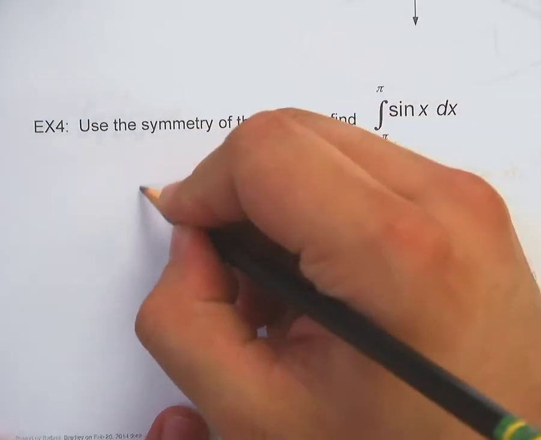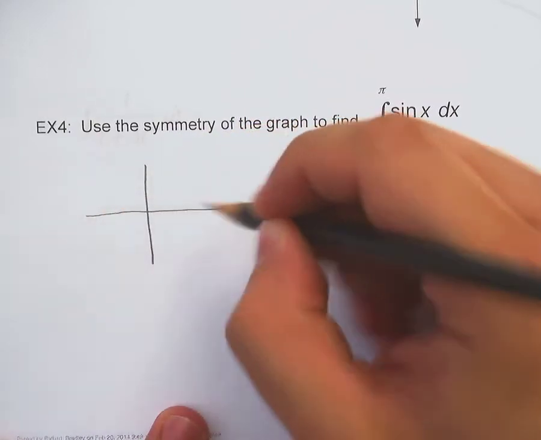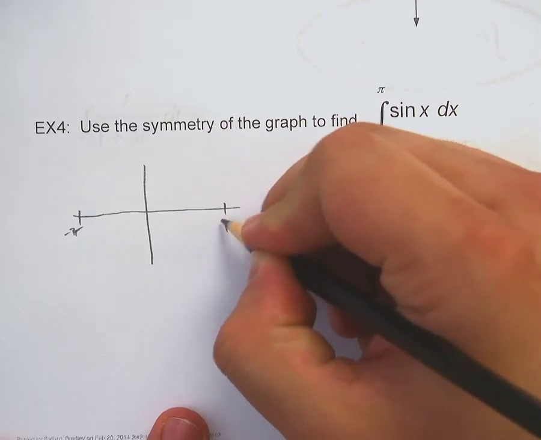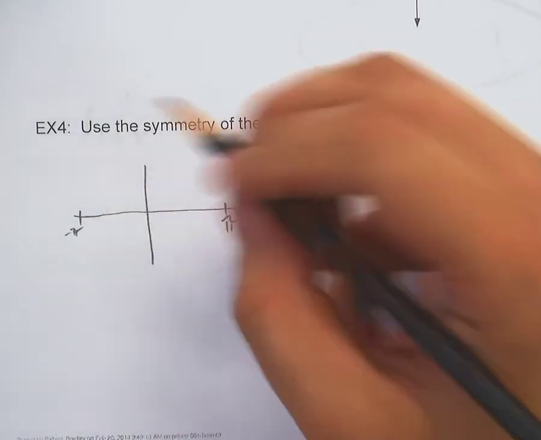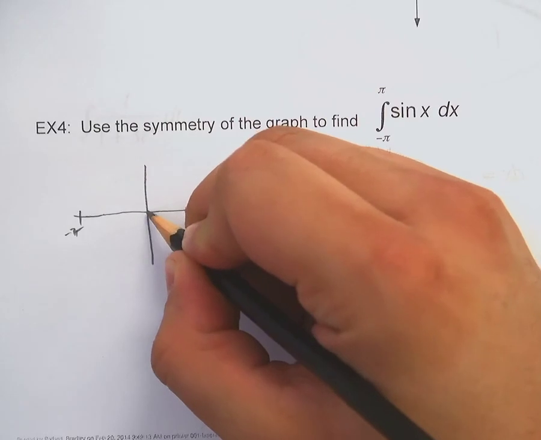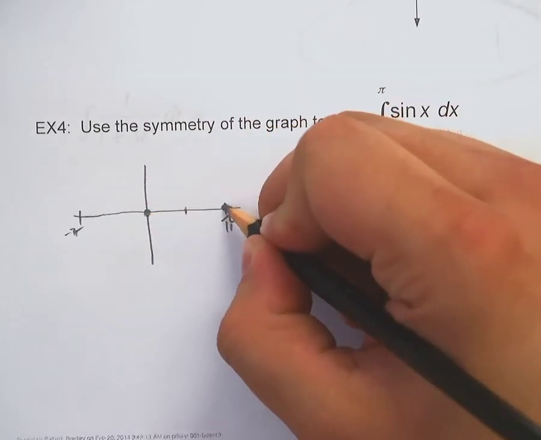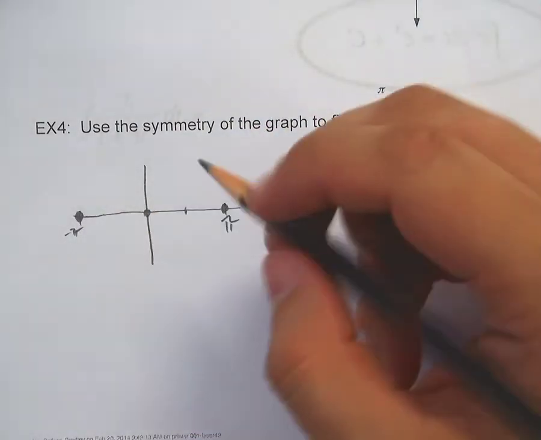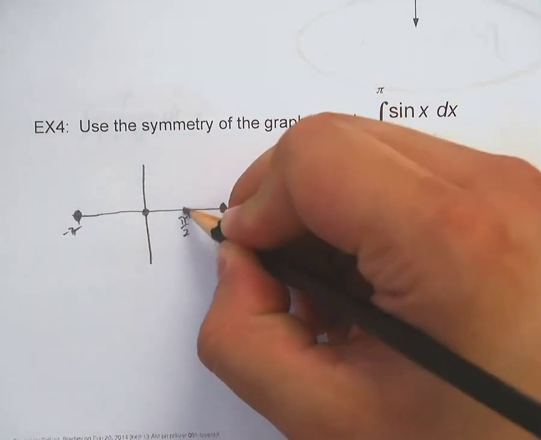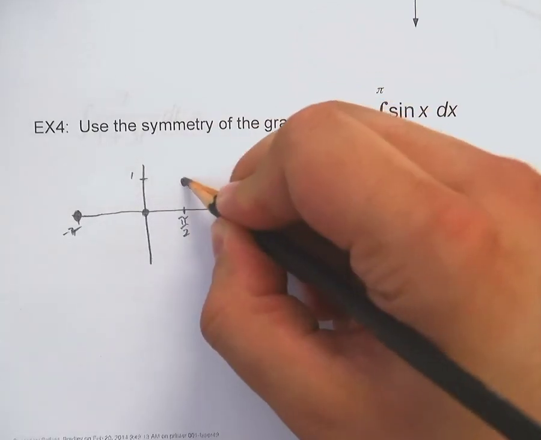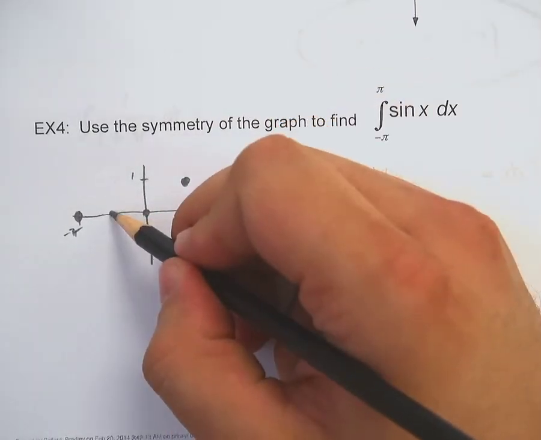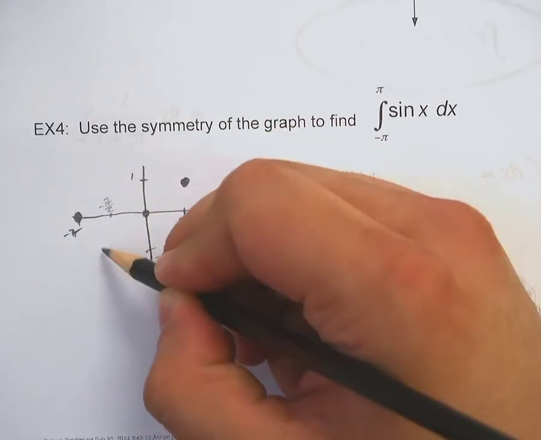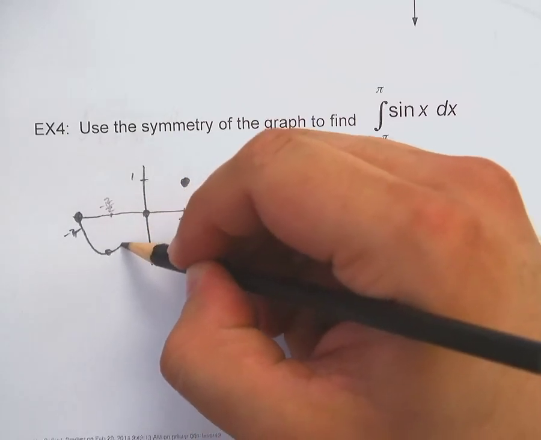Well, if you were to graph -pi to pi, remember that the sine of 0 is 0, the sine of pi is also 0, the sine of -pi is 0, the sine of pi over 2 is 1, the sine of -pi over 2 is -1. So here's your sine wave.